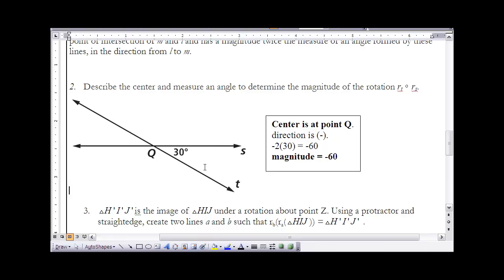You'll notice that is a clockwise rotation, therefore my direction is going to be negative. So we have a center at Q and a magnitude of negative 60 degrees. When we express the magnitude that way, it takes care of both the direction and the number of degrees of that rotation.